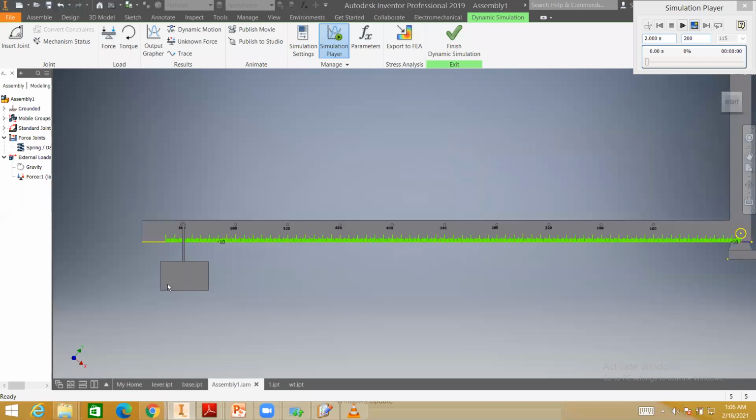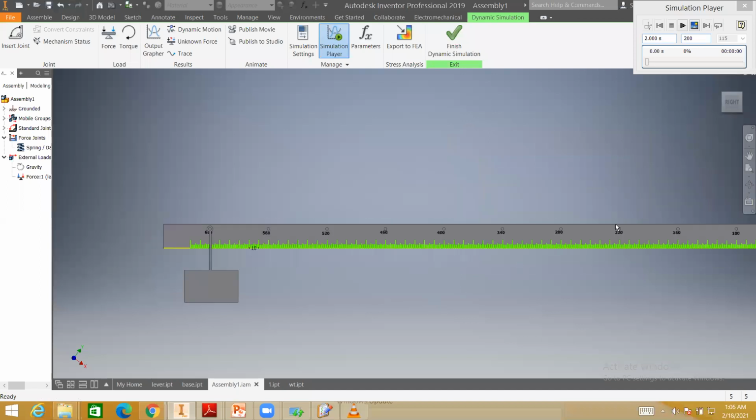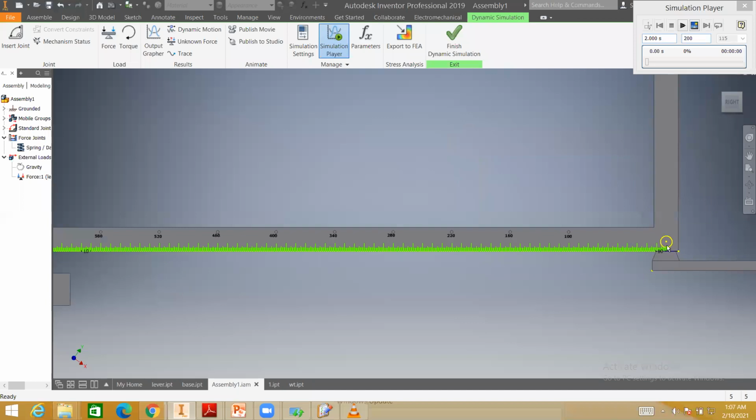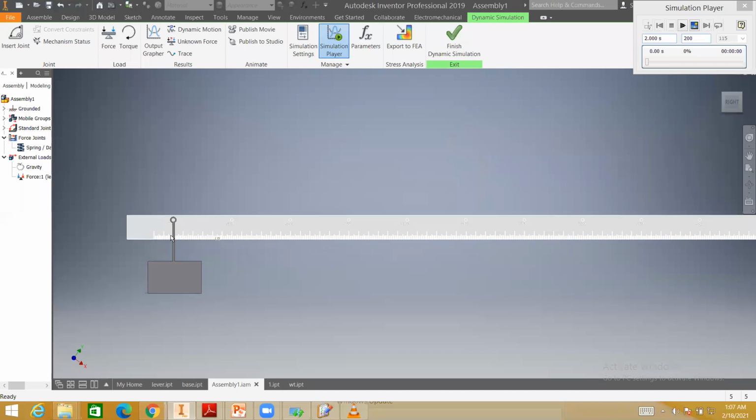If you connect this weight, you can observe here the marking on the horizontal arm. Your starting point is 0 and we will measure the distance on the left side. Right now this weight is connected at 600 mm distance.